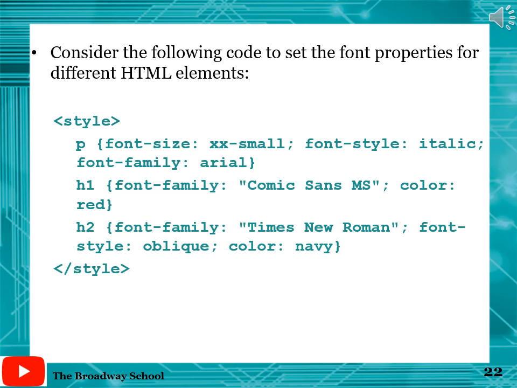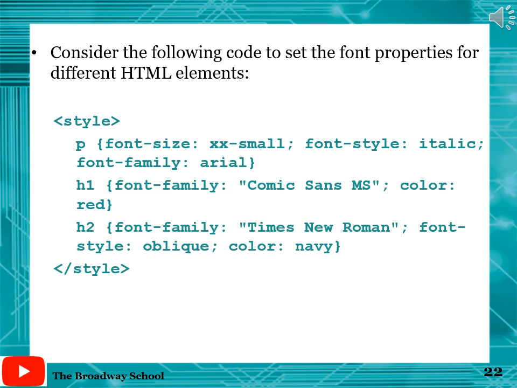The following code sets the font properties for different HTML elements. Style, P, font size XX small, font style italic, font family Arial. H1, font family Comic Sans MS, color red.